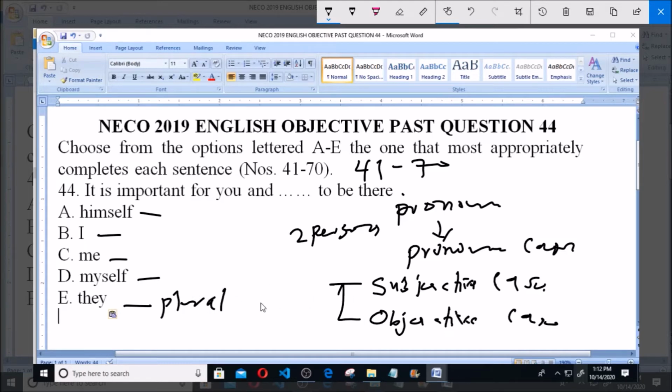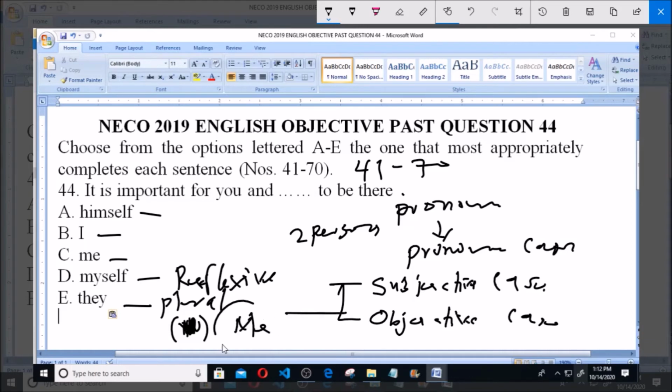It is plural, and the plural form of you, of I, yes, plural form. Then myself is a reflexive pronoun. So you cannot say it is important for you and myself to be here. No. And me is the objective form of pronoun.